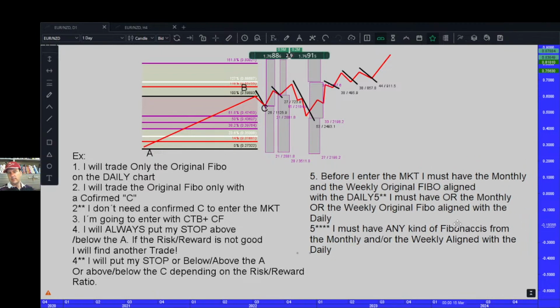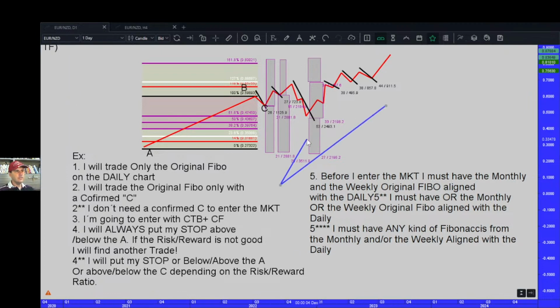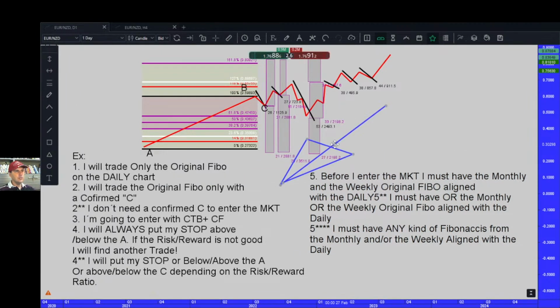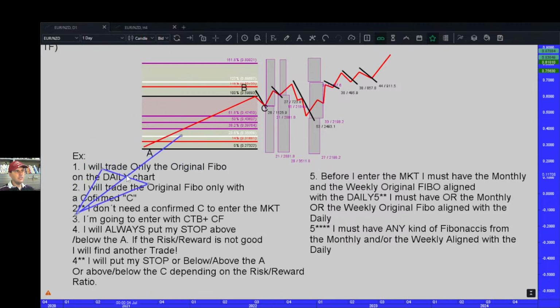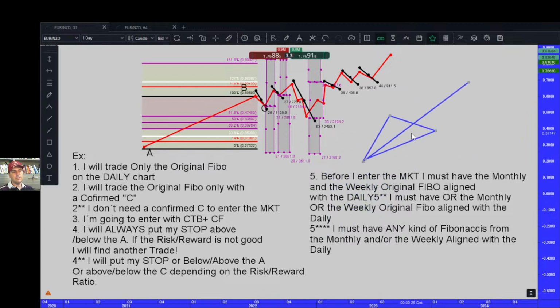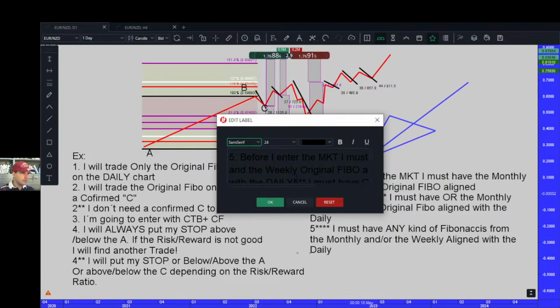See everybody? All of you online right now, all of us, me too, we could have the same 1, 2, 3 and 4, but we are going to have totally different entries because our number 5 is different. Does this make sense to you?